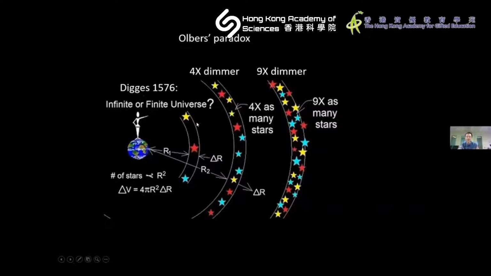That is because, yes, for individual stars, if they are closer, definitely they are brighter. However, what if you think about the number of stars? For the nearby shell, there are fewer stars. For the more distant shells, there are more stars.